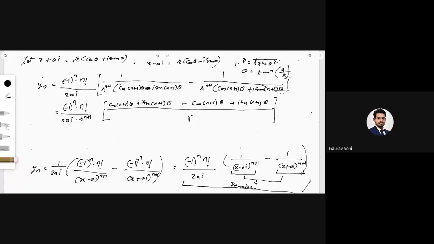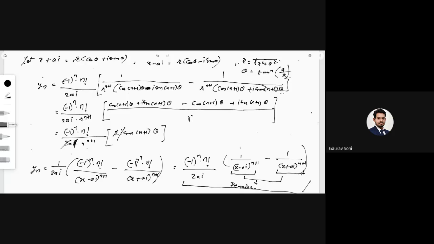So this is equal to minus 1 raised to n into n factorial upon 2ai r raised to n plus 1 in bracket 2i sine of n plus 1 theta. So 2 will get cancelled out. i will get cancelled out.